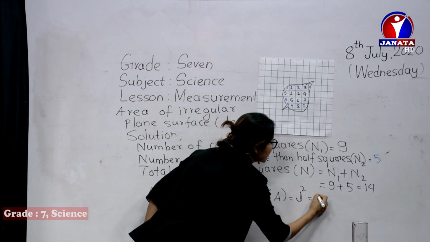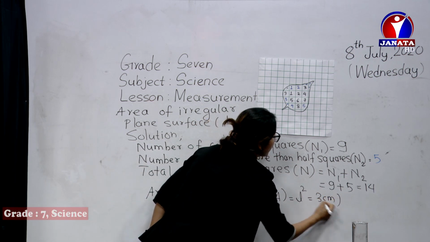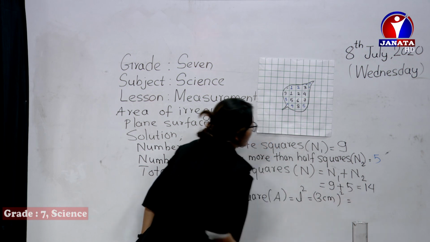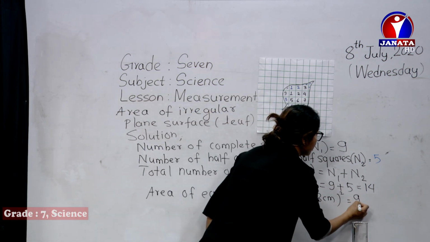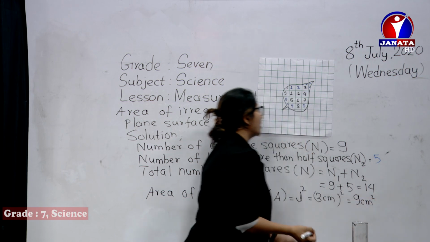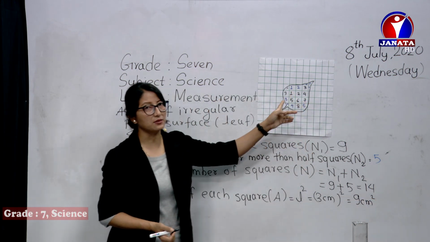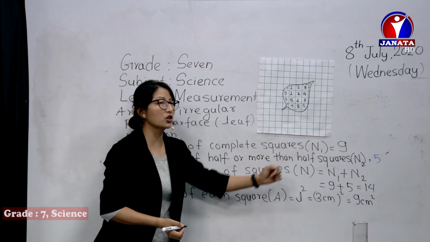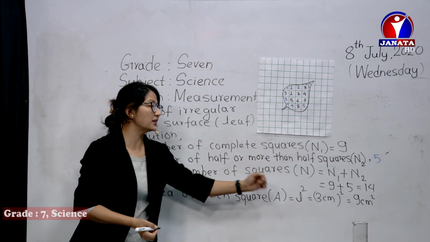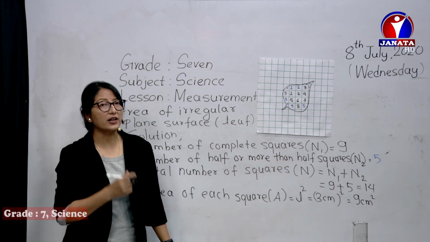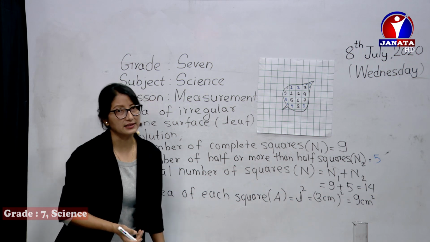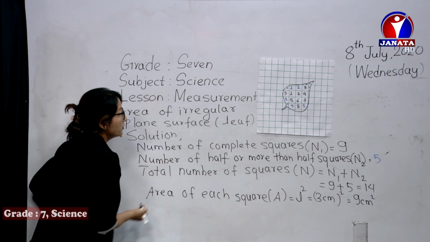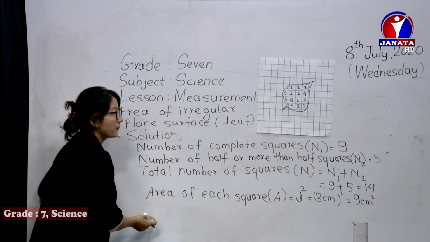Its length is 3 centimeters, so I'll write directly over here 3 centimeter square. 3 into 3 is 9 centimeter square. So the area of this square is 9 centimeter square. Now if there are altogether 14 squares, and if it's multiplied by 9, then that will give us the total area of this plane surface, that is the surface area of the irregular object, that is the leaf.